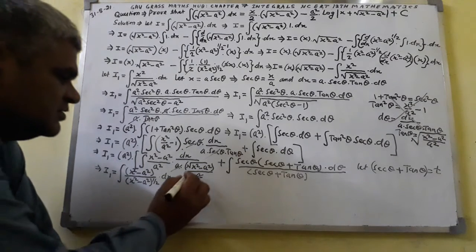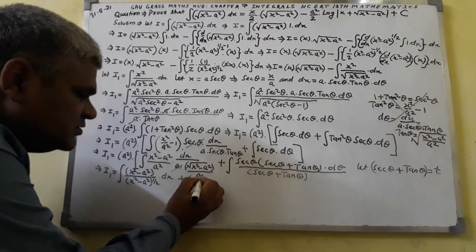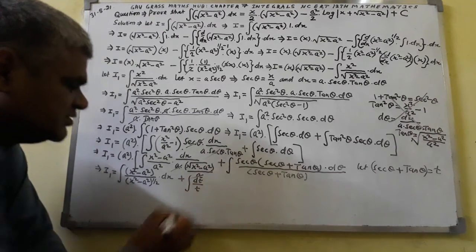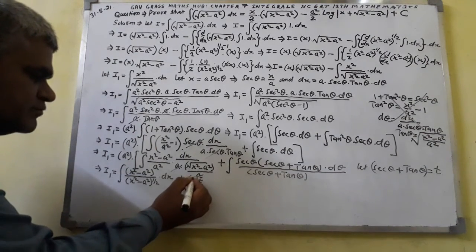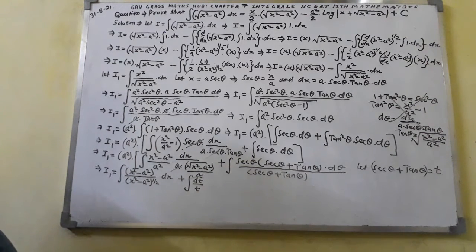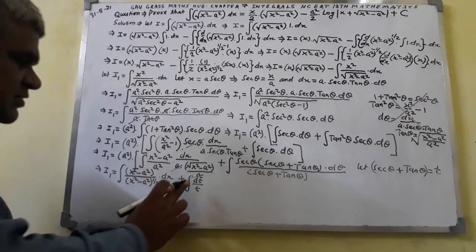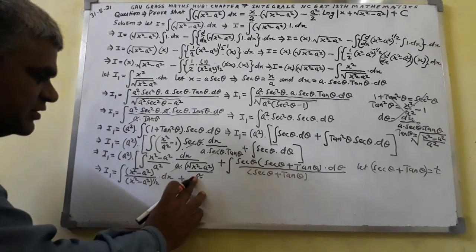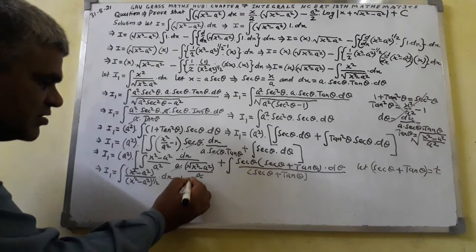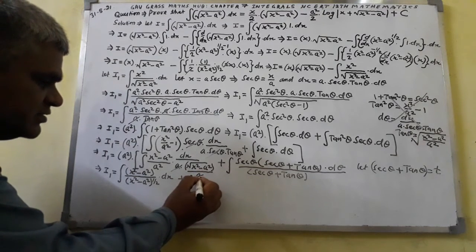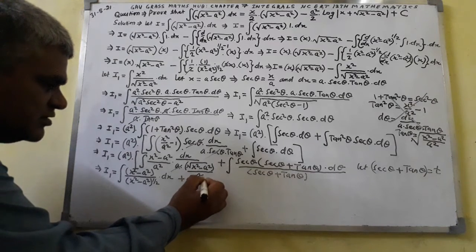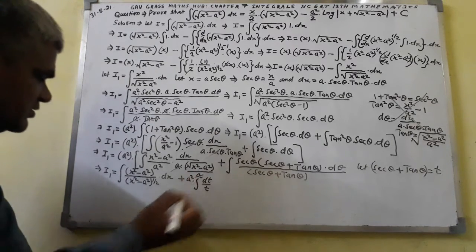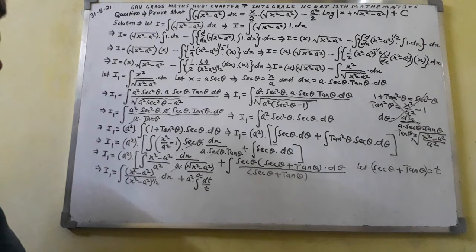So you will get here integral dt over t, plus integral dt over t, and also a square is there. So here I had omitted a square. So here I shall write a square integral dt over t. This thing I shall write.